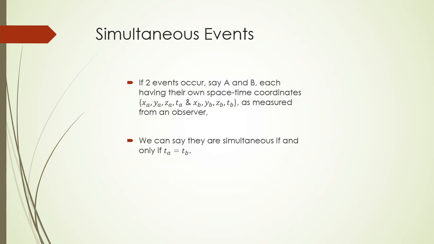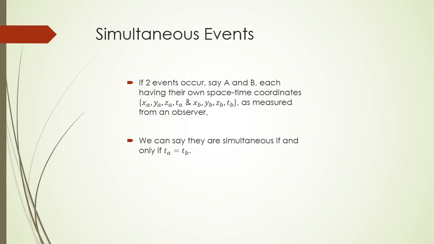So back to events. The first consequence of special relativity is going to be a bit difficult to understand. Please rewind these slides again if you don't understand, or look for a YouTube video to discuss the simultaneity of events. Let's say I have two events, A and B. Each event should have its own x, y, z, t coordinates as measured from any observer.